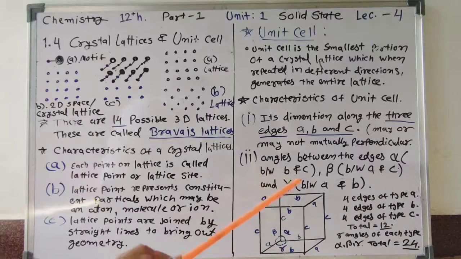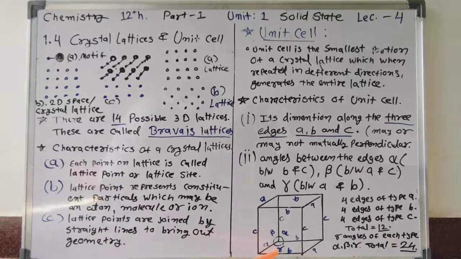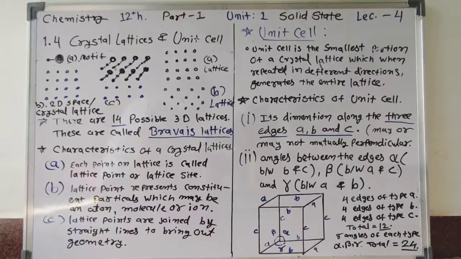As you can see, we have a simple unit cell structure here. Let us concentrate on this corner. In this corner we have three different edges: this is a, this is b and this is c. Between a and c we have the beta angle, between c and b the alpha angle, and between b and a the gamma angle.